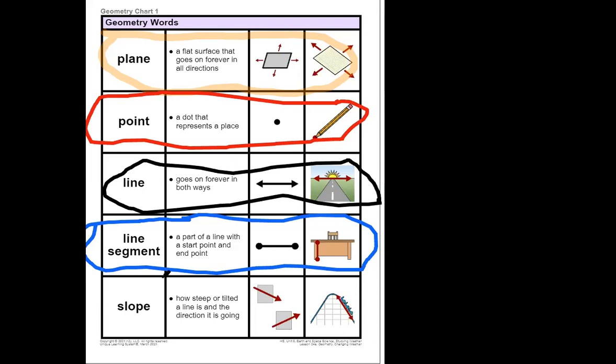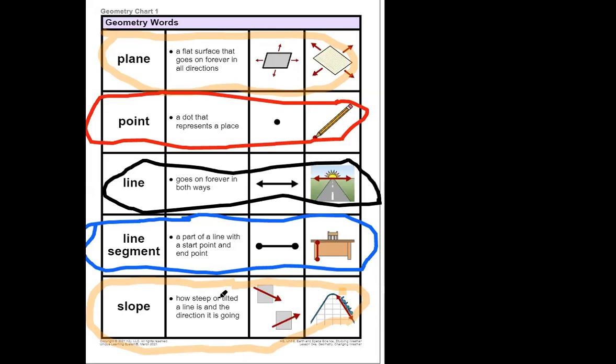All right. Our last word is slope. Slope is how steep or tilted a line is, and then the direction that it's going in. So roller coasters have a slope, like our picture right here.